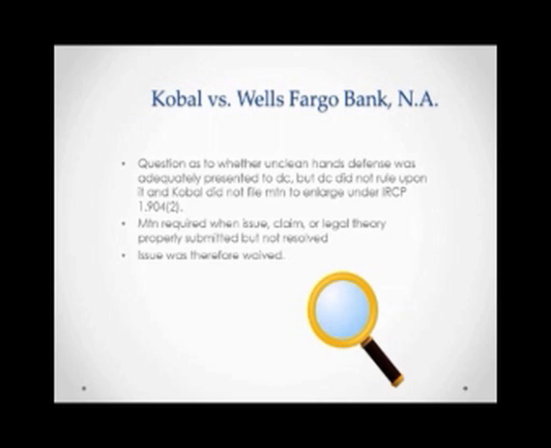And so that raises an interesting issue for a lot of litigants who are trying to decide whether to file that 1.904 motion. There have been a few cases in recent years that suggest you better err on the side of caution and file it if you think that's going to be an appeal point later, because if it's raised and the court doesn't address it, then you can lose it.